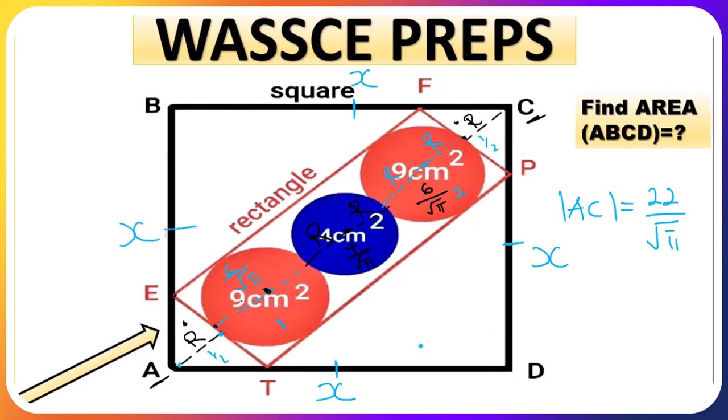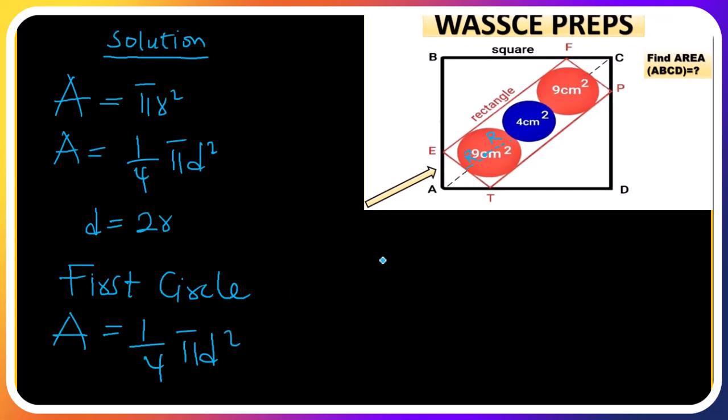We can calculate the side length of the square using the Pythagoras theorem, because each interior angle measures 90 degrees. So we have 90, 90, 90, 90 degrees. From the Pythagoras theorem, length AC squared, which is our hypotenuse, equals the sum of squares of the other two sides, which is AD squared plus DC squared.